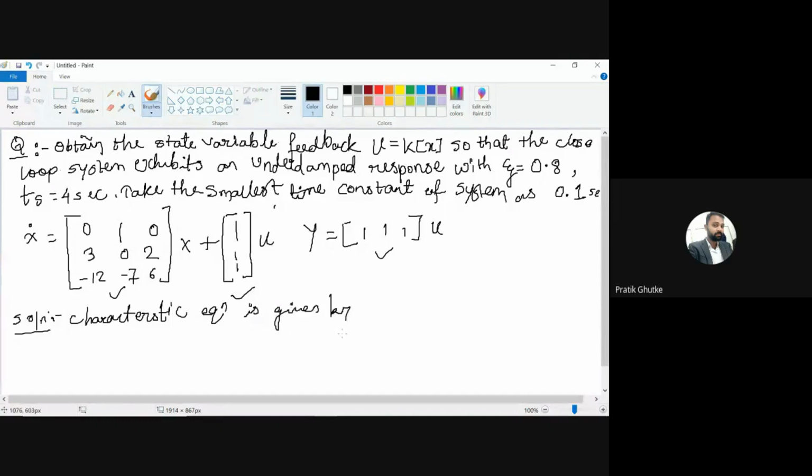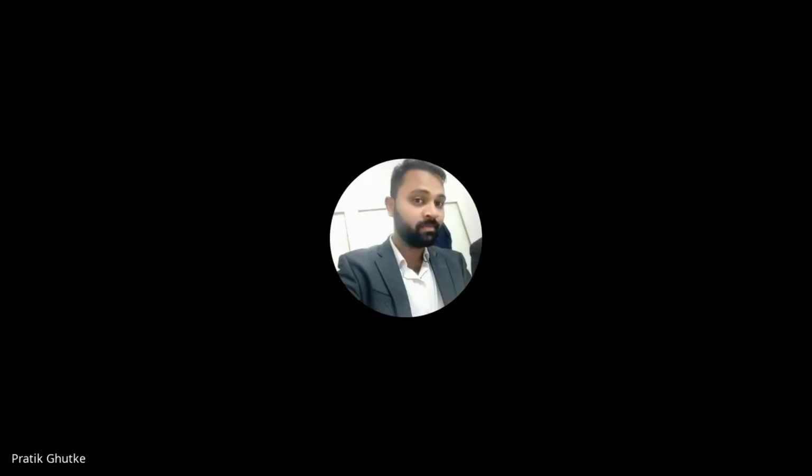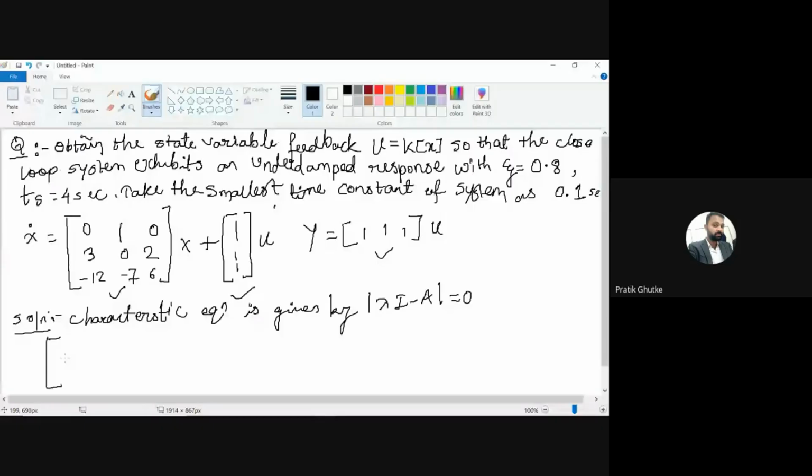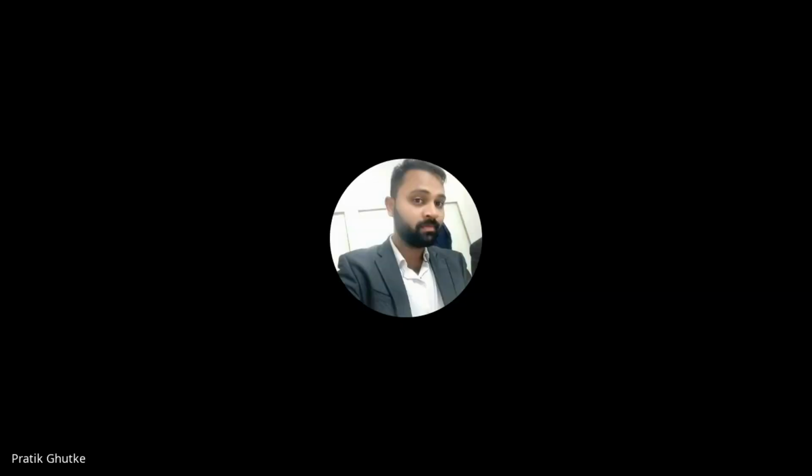This is the condition to solve the characteristic equation and to get the eigenvalues. Now I am writing here lambda I matrix. Lambda I means identity matrix. So lambda 0 0, 0 lambda 0, 0 0 lambda. This is your lambda I minus A matrix.